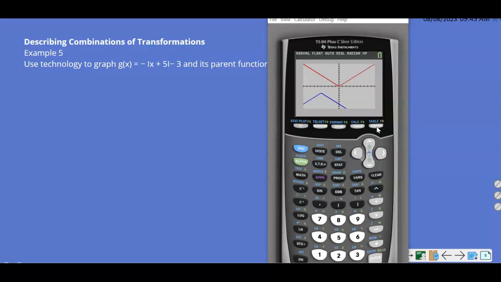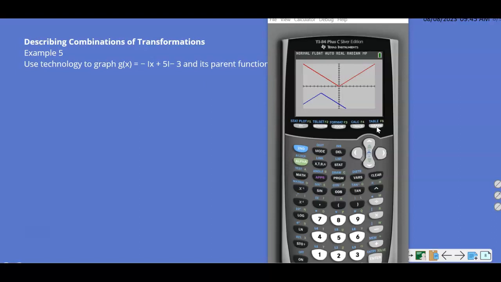All right, so you can see the two functions are graphed on the screen here. And you know that it's an absolute value function. And so you knew that the absolute value of x had to be the parent function, which in this case is in red. So what is the transformation?